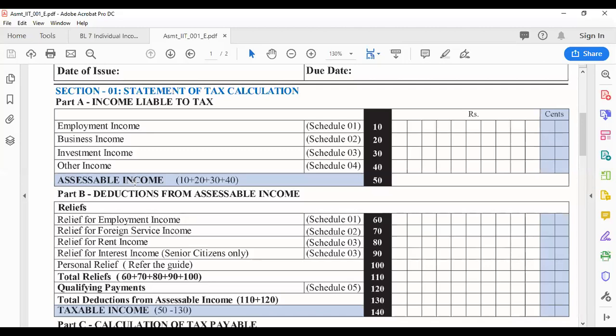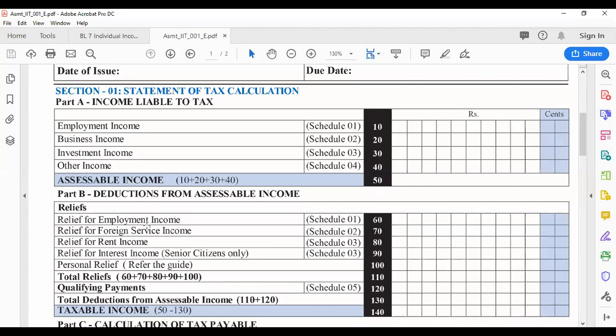Or he or she can get rent by renting out his or her property to a third party. They can generate rent income and other income, right? None of these three come under other income. So the total of employment income, business income, investment income, and other income is called assessable income.